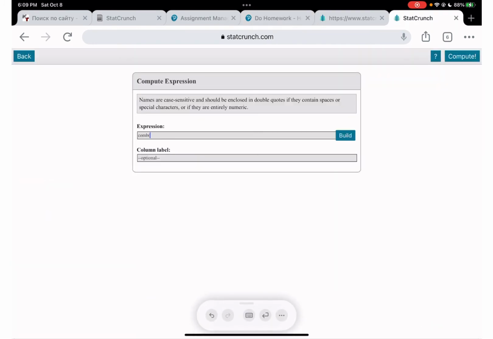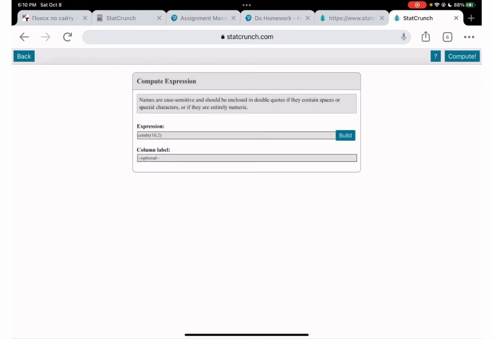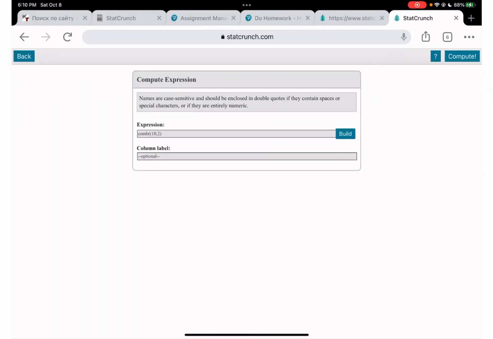And B, so first comes 10, comma 2. Okay. Again error, what is wrong here? Oh, this time 2 parentheses.